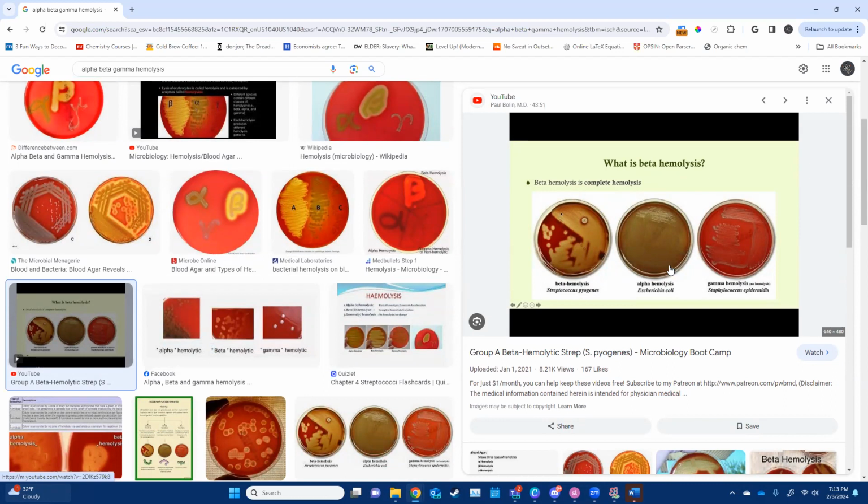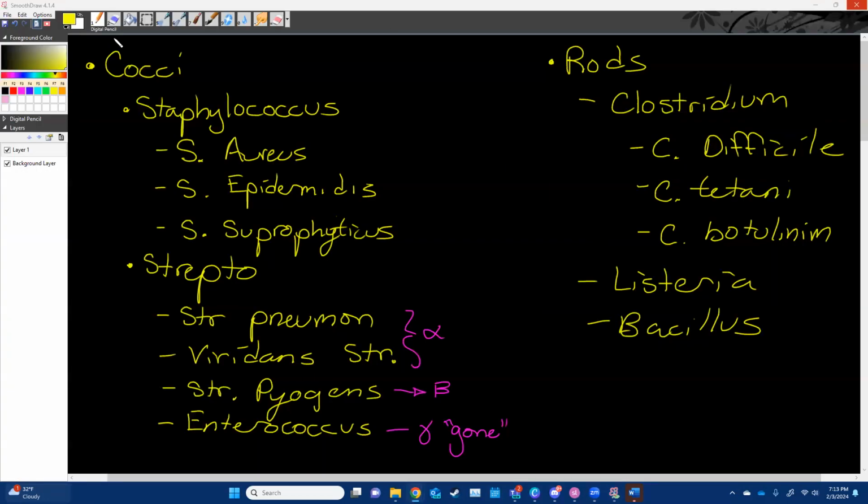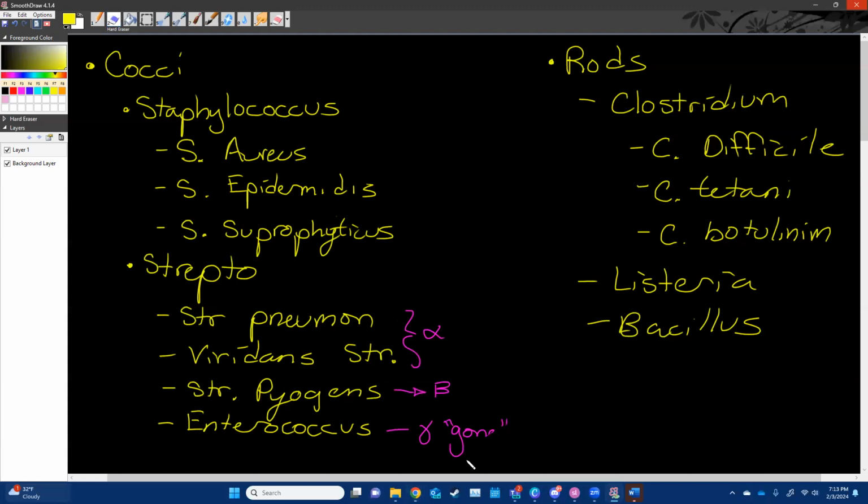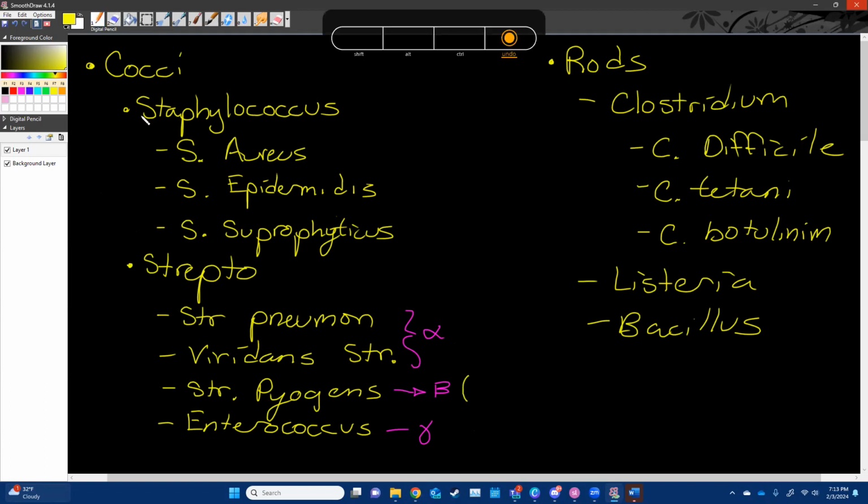So the more hemolysis you have, the more the bacteria is feeding on the blood that would be growing everywhere in the body. Beta is gone. Complete hemolysis.